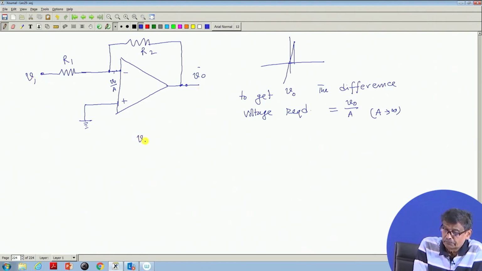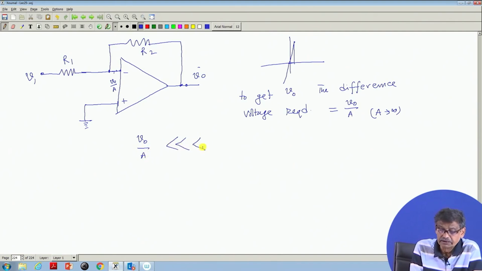So, V naught by A will be much smaller than your input signal or output signal. Therefore, voltage difference will be practically not existing between these 2 points.